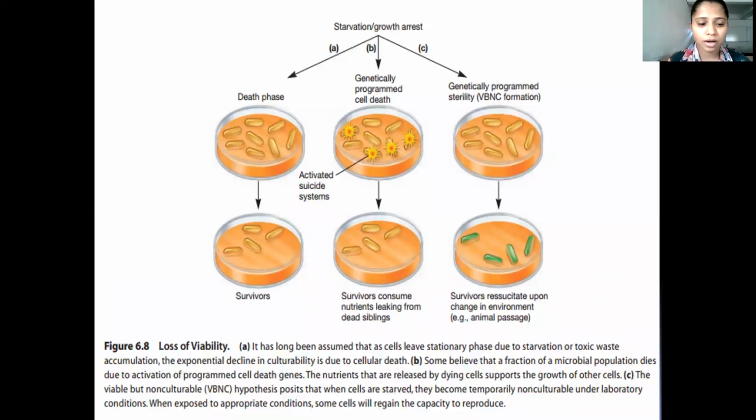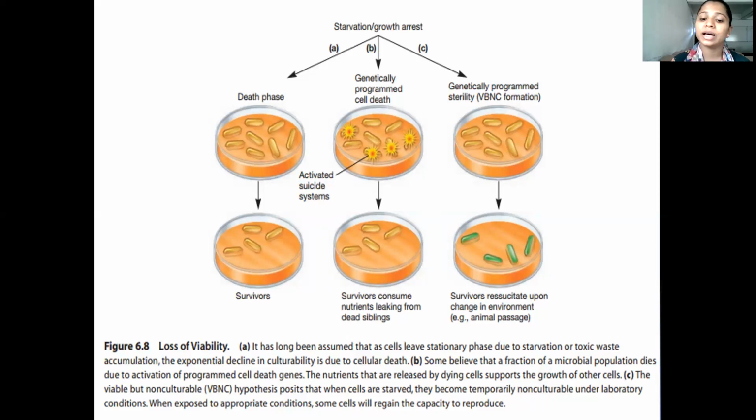You can see in the figure over here how cells lose their viability, in panels A, B and C. In A, it has long been assumed that the cell leaves stationary phase due to starvation or toxic waste accumulation. The exponential decline in culturability is due to cellular death. In B, some believe that a fraction of the microbial population dies due to the activation of programmed cell death genes.